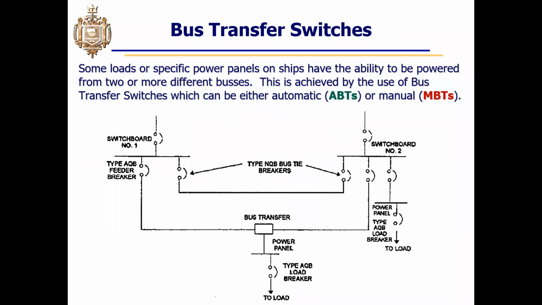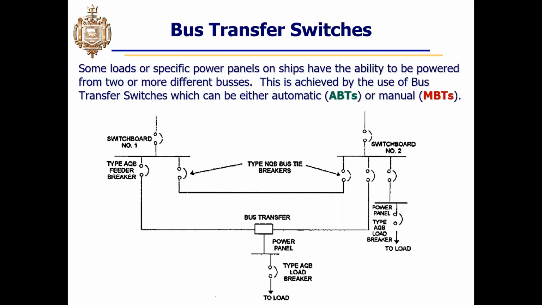Now, some loads can be powered by two or more different buses. This is achieved by use of what are called bus transfer switches, which can be either automatic or manual. So ABTs or MBTs is what we call them. Automatic bus transfer switches have a spring mechanism and a sensing coil.